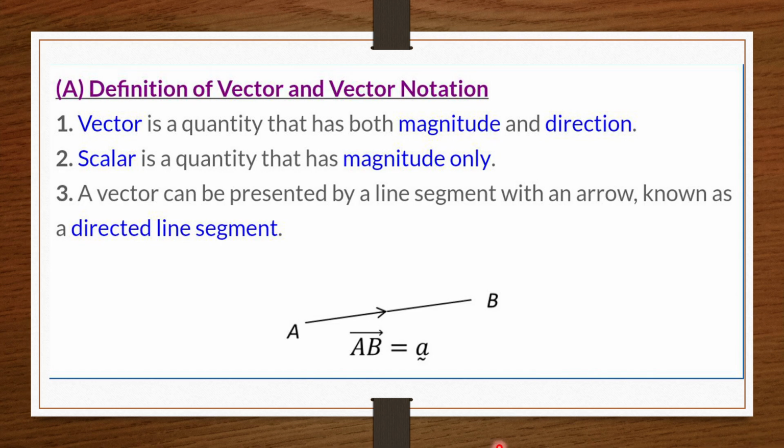The first one is a line segment moving from point A to point B. The second form of presenting a vector is by using capital letters from A to B. Therefore, it is written as AB, and on top of it you have the arrow. The third form of writing the vector is by using a small letter a, for example, and below the a, you have the symbol to indicate a vector.